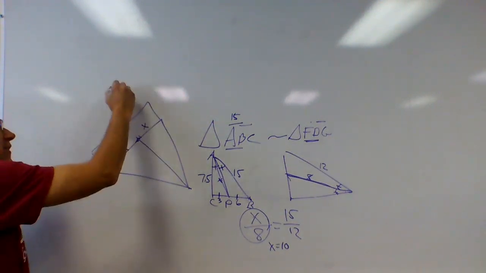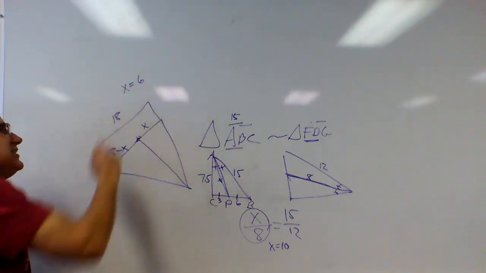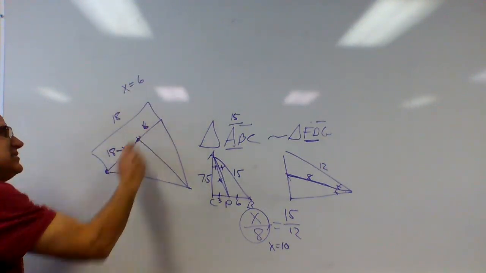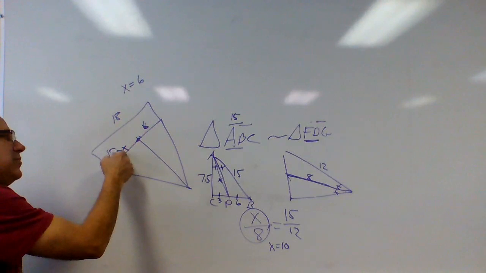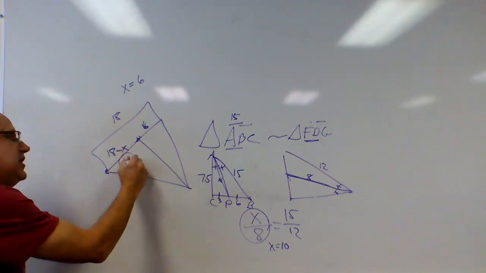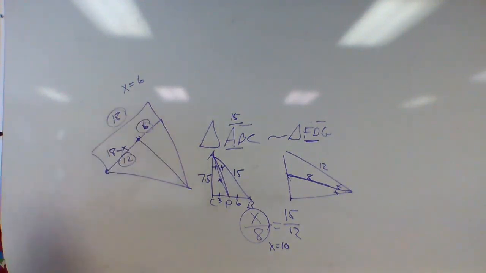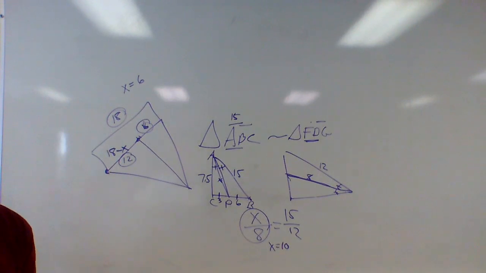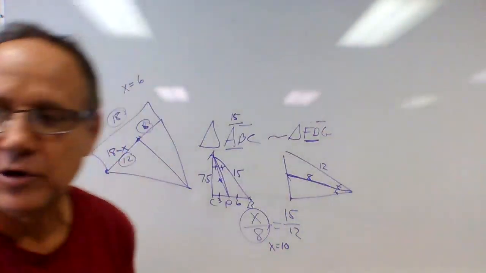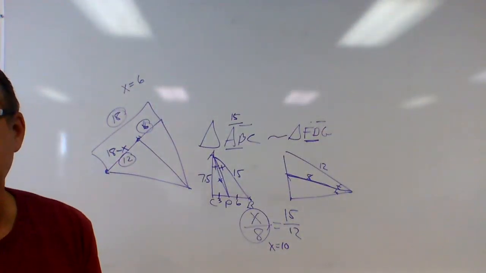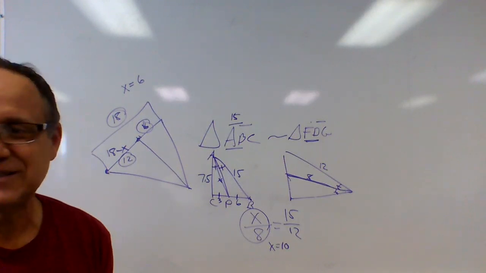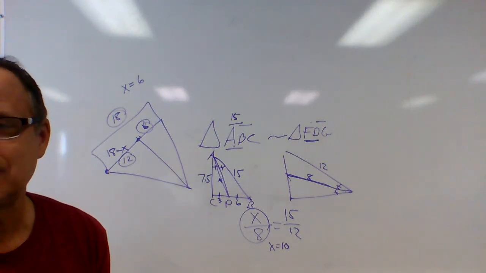Because if X equals 6, this would be 6, and this would be 18 minus 6, which is 12. 12 plus 6 is 18. So take a look at that in terms of finding the lengths of those sides.